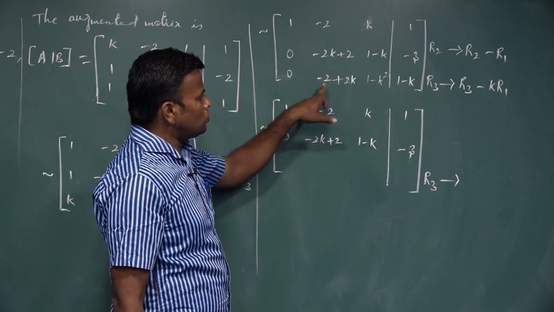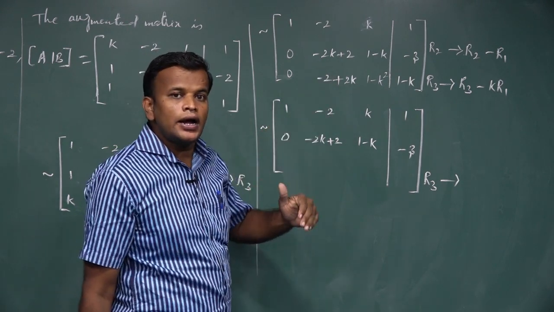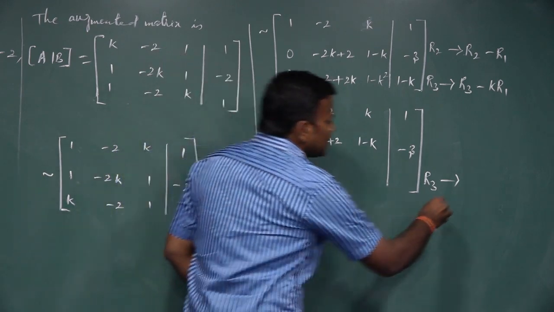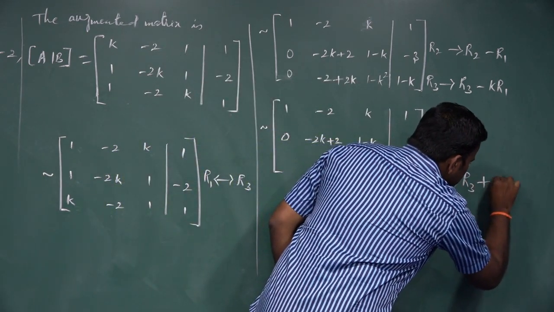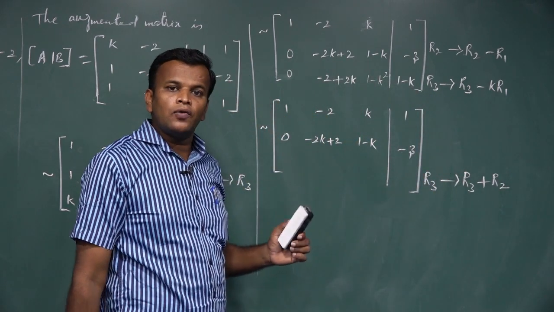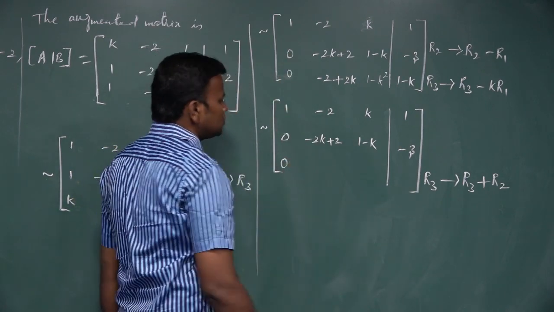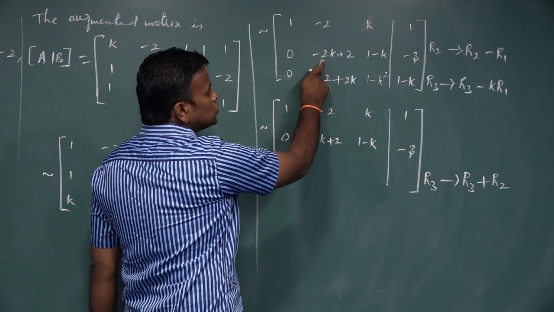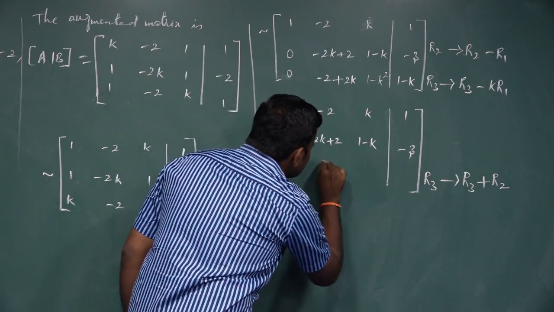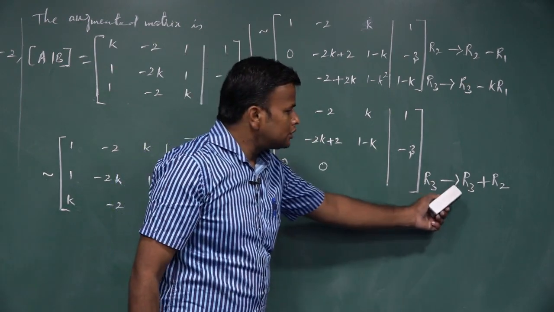You see, plus 2 and minus 2, minus 2k and plus 2k. Just add R2 and R3, and it vanishes. So we write R3 as R3 plus R2. That is, we write the third row as the sum of the third row and the second row. 0 plus 0 is 0. Minus 2k plus 2k vanishes. Plus 2 minus 2 also vanishes, so 0. And that element: R3 plus R2.